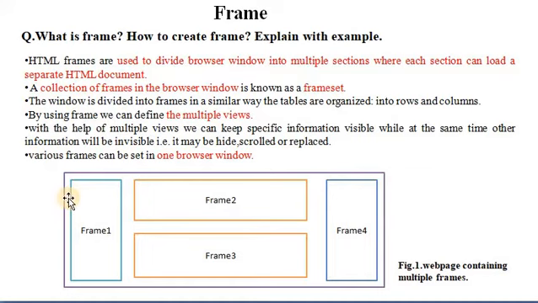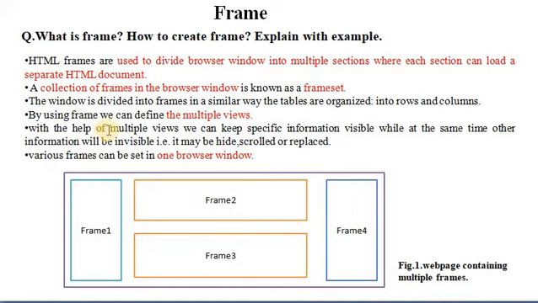A collection of frames in the browser window is known as a frame set. The window is divided into frames in a similar way to how tables are organized into rows and columns. Here tables are organized into rows and columns like this, and the frames are divided in a table manner.